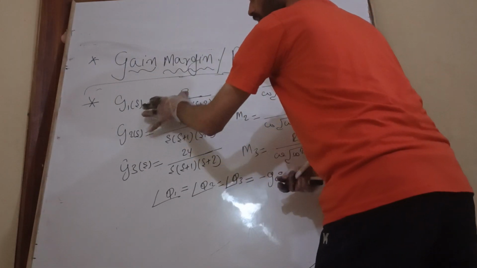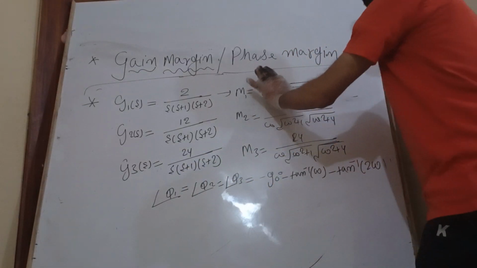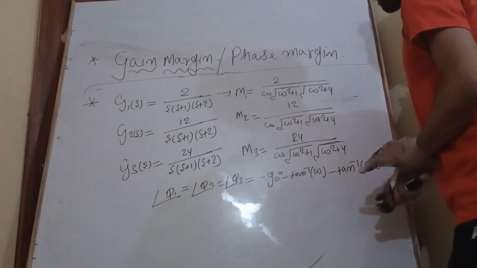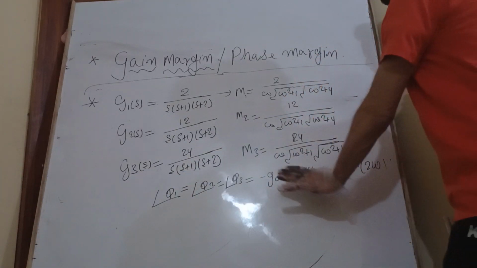For all these three systems the angle is the same. There is only a difference in magnitude, but the angle is similar.